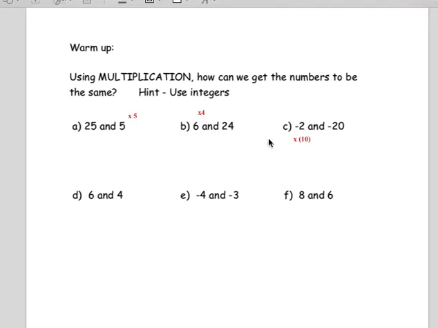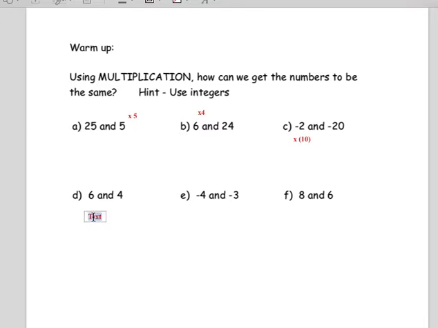Okay, so now we're going to look down here, and we can't really times 4 by anything to get 6, or 6 by anything to get 4. So what can we do? You can multiply this side by 4 and this side by 6, but that's going to give us a big number.